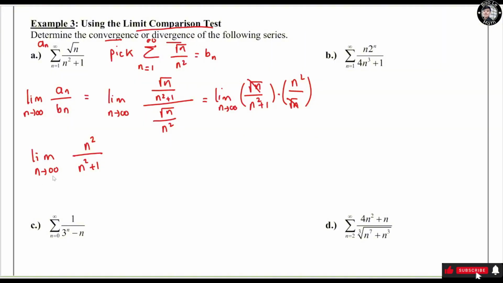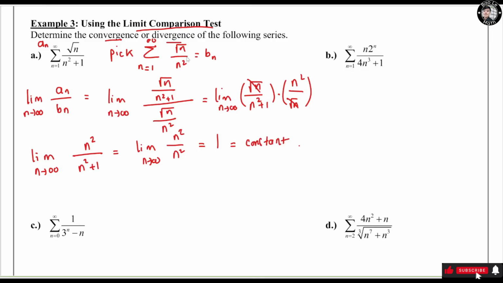So we're going to use relative growth rate. So the 1 right here doesn't really matter. So we have the limit of n squared over n squared when n approaches infinity. This cancels out, the answer is 1. So this is actually a constant.